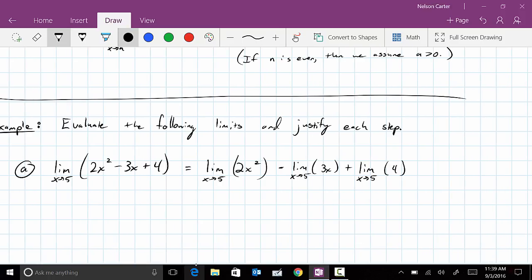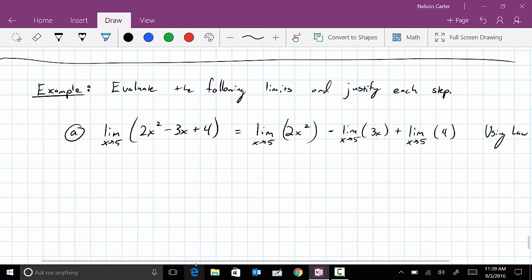And this is using law 1 and 2. Remember, the first law was the sum law, the second law was the difference law.